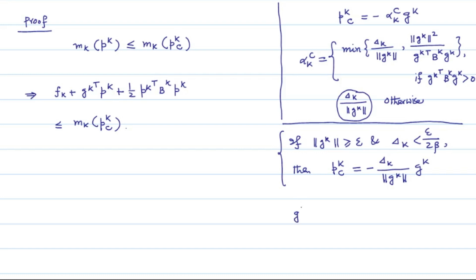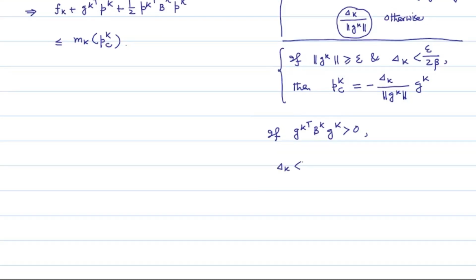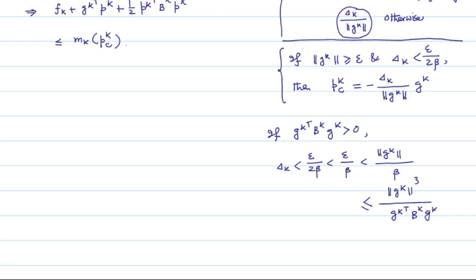If however g_k^T B_k g_k is greater than 0, then we see that delta_k less than epsilon by 2 beta is less than epsilon by beta is less than norm g_k divided by beta, which is less than norm g_k cubed divided by g_k^T B_k g_k. Just apply the Cauchy-Schwarz inequality, you will obtain this.